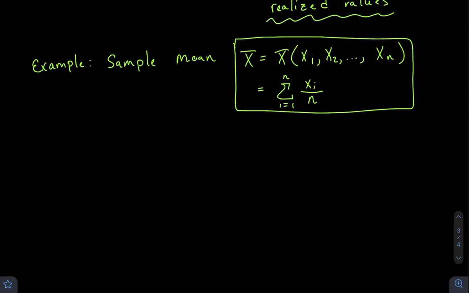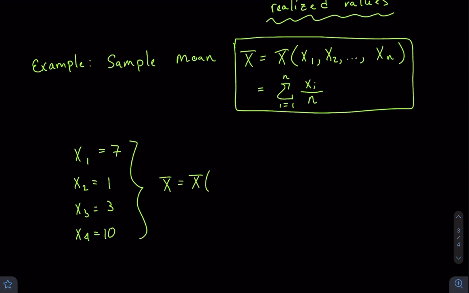So suppose x1 were equal to 7, x2 was equal to 1, x3 was equal to 3, and x4 equals 10. And this was our random sample of size 4, then we can calculate this statistic by what is defined. So x hat, which is the sample mean, is a function of these values.